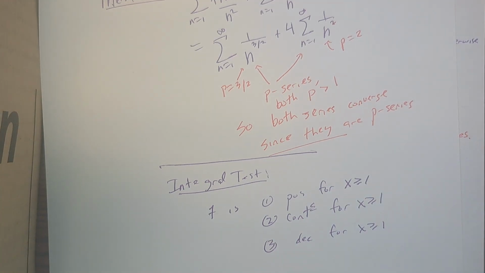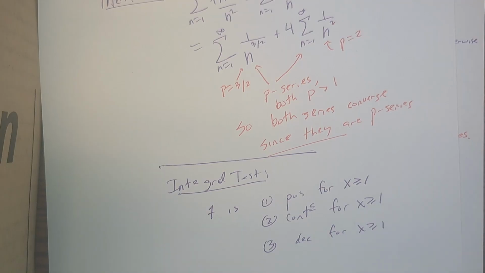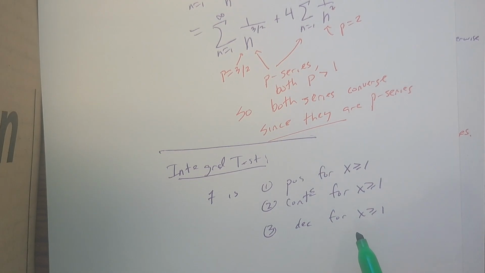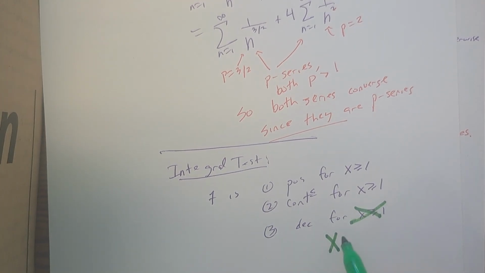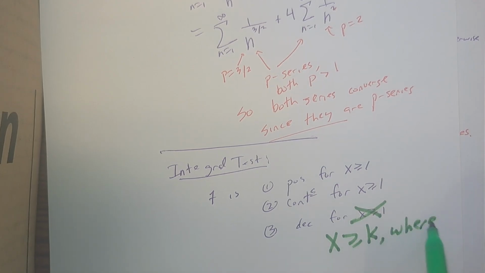But it turns out that sometimes functions are not decreasing from 1 and up, but they are decreasing from some other integer and up, and that's really all that matters. So you can replace this one if you want as for x greater than or equal to k, where k is any integer.